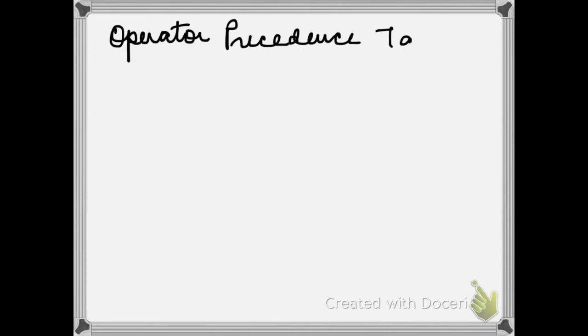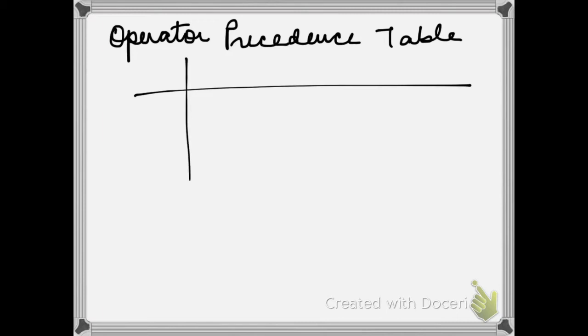The first step is that we construct a table known as the operator precedence table. In this table we have rows and columns.